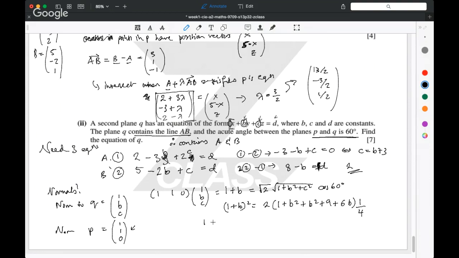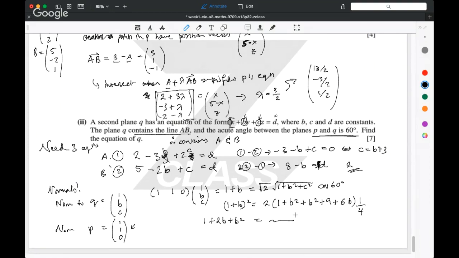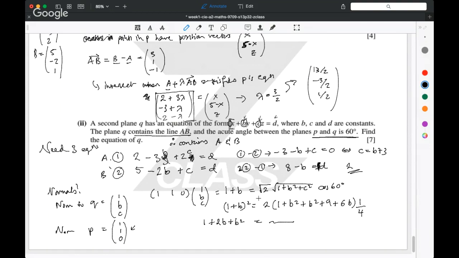Multiply this out, I get 1 plus 2b plus b squared is equal to blah, blah, blah. And after all of this, if you just rearrange, you find that the b squareds will cancel, and you'll get that 2b is minus 8. And so you'll have that b is equal to minus 4. And then you can use that to solve for the c and d.